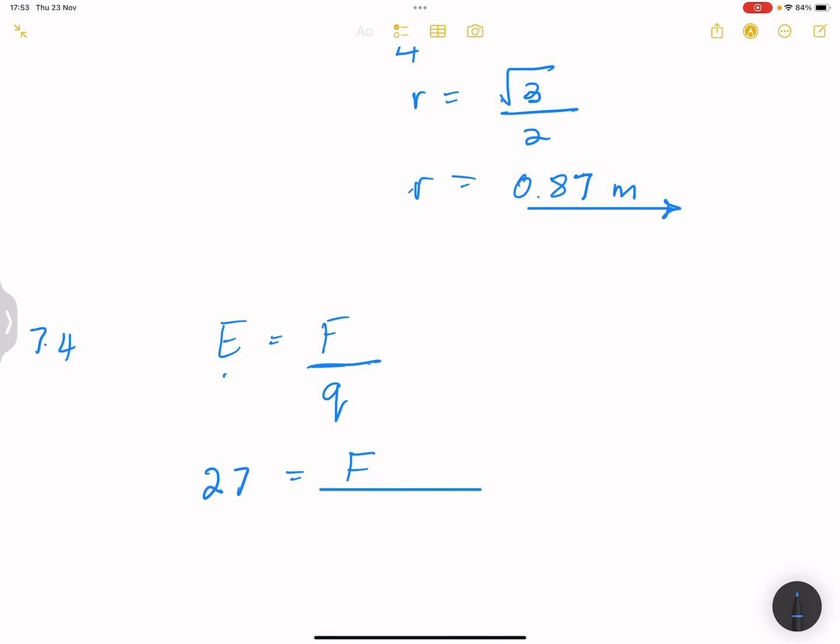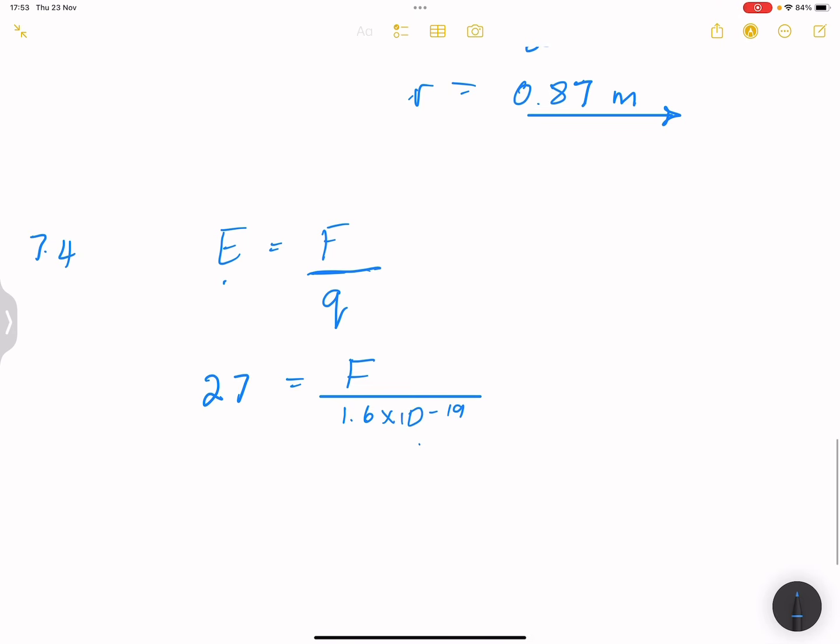What would be the charge of an electron? That would be 1.6 times 10 exponent negative 19. Remember, you're given this value here. That's the charge of an electron, and of course we can cross multiply the two.